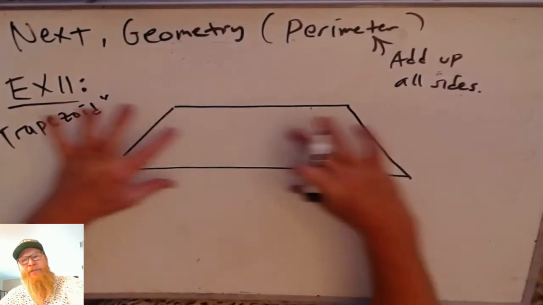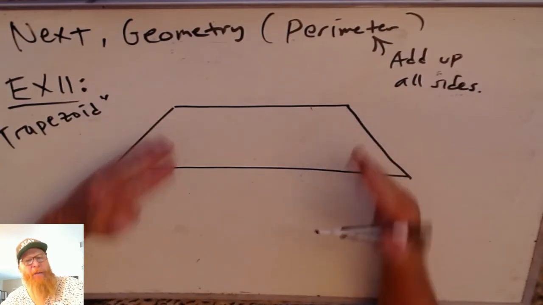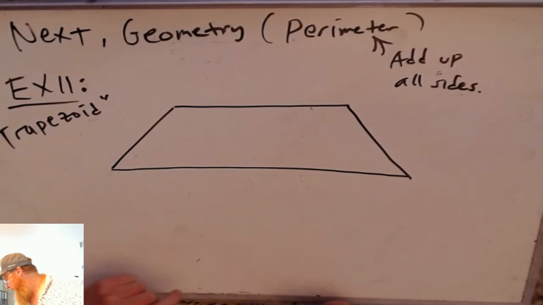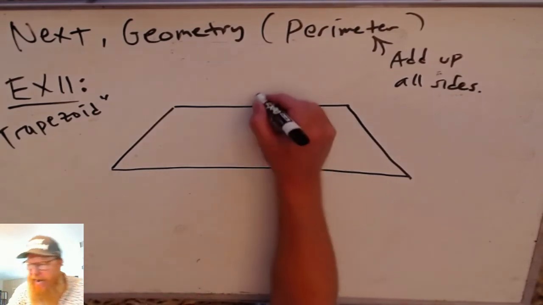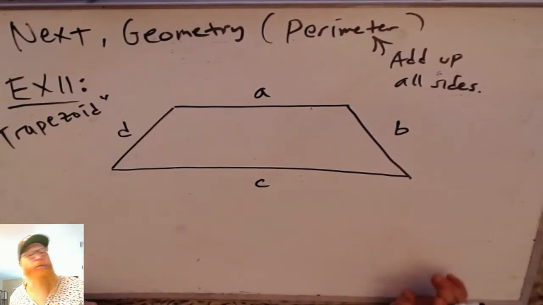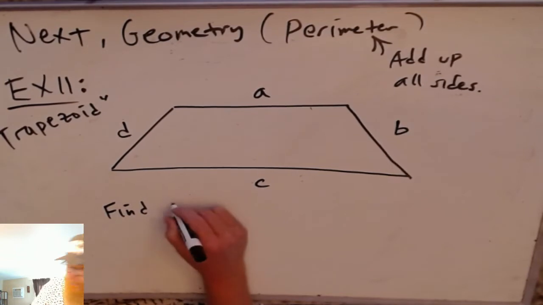A trapezoid has 2 parallel sides and then 2 non-parallel sides. We call that a trapezoid. I typically label it A, B, C, and D. That's my trapezoid. All right, so I want you to find the perimeter.